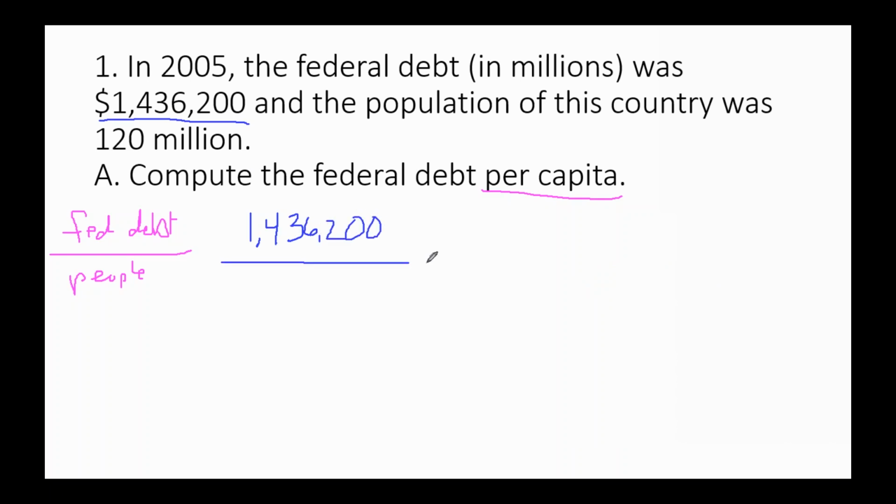Is everybody okay with what I just wrote as my federal debt? Happy, unhappy? Got a thought process? Am I missing anything? Obviously, I'm missing something because I pointed this out.